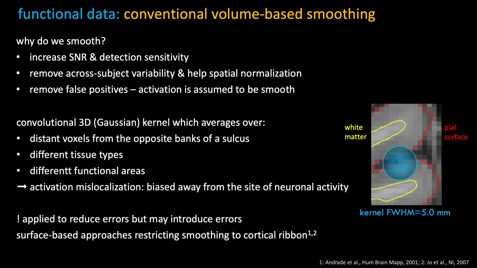And in order to deal with this problem, surface-based approaches to smoothing have been proposed that basically restrict smoothing to the cortical ribbon. They treat cortex as a 2D ribbon and just smooth within it, following the cortical folds. The cited examples here are just two, but there are more.